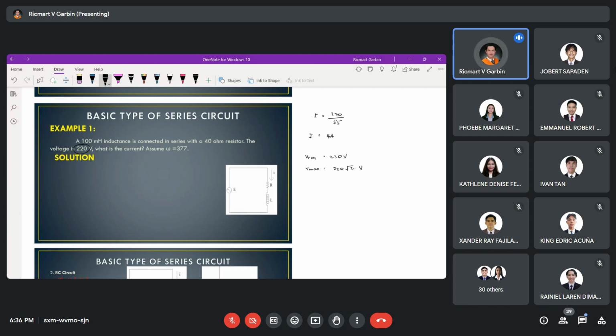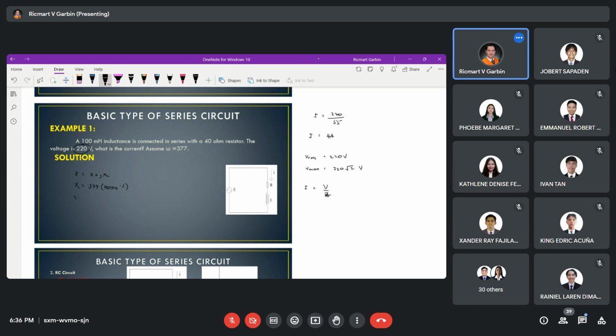So in that case, in order to solve for the current, that is V over R, or in this case, Z na. So, V over Z. Ang Z natin ay 40 or R plus jXL. Ang XL natin is 377 times 100 millihenry.